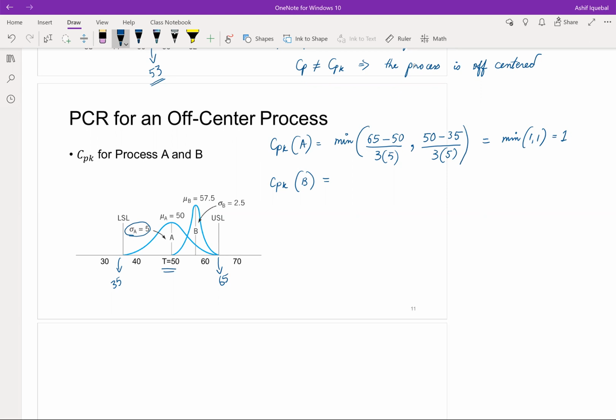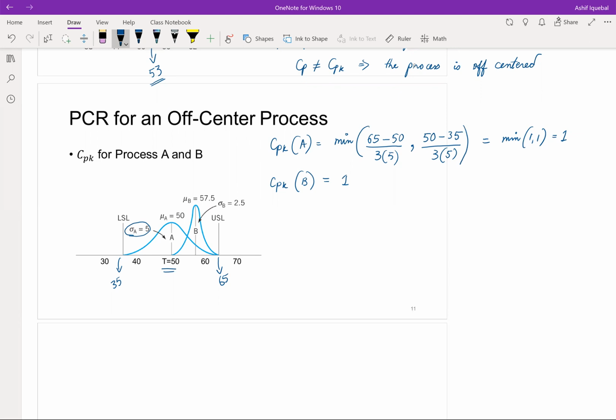All that is changing is the mean and the standard deviation. Can someone quickly calculate and tell me what is the value of CPK for process B? It's still 1, Professor. Right, so CPK for process B is again 1.